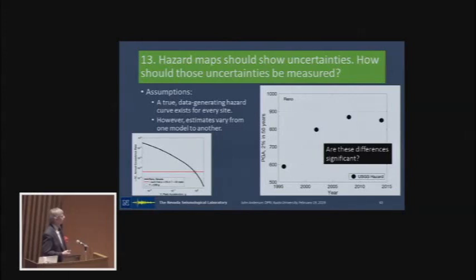Like here in Reno, we have different answers for the hazard as a function of 4 different generations of the USGS models. Are these differences significant? How do we answer that?